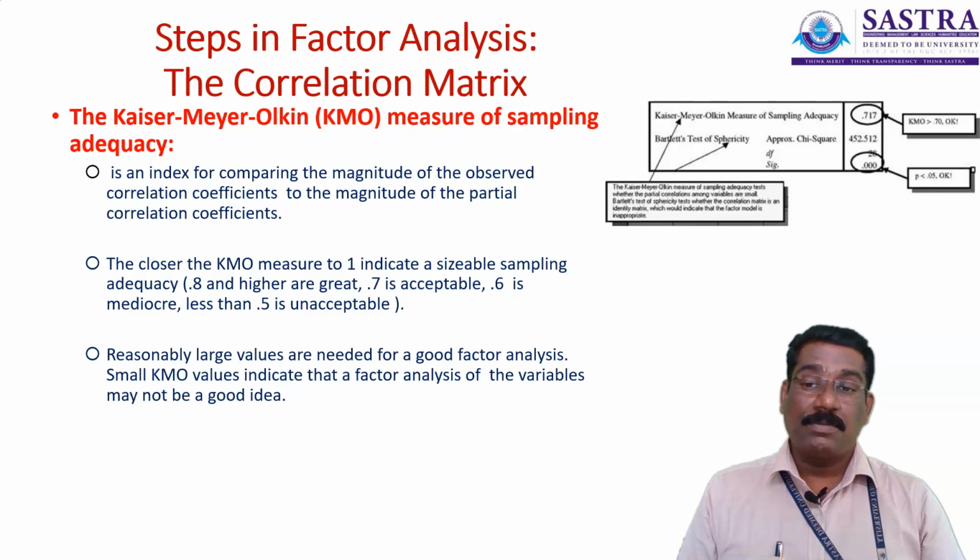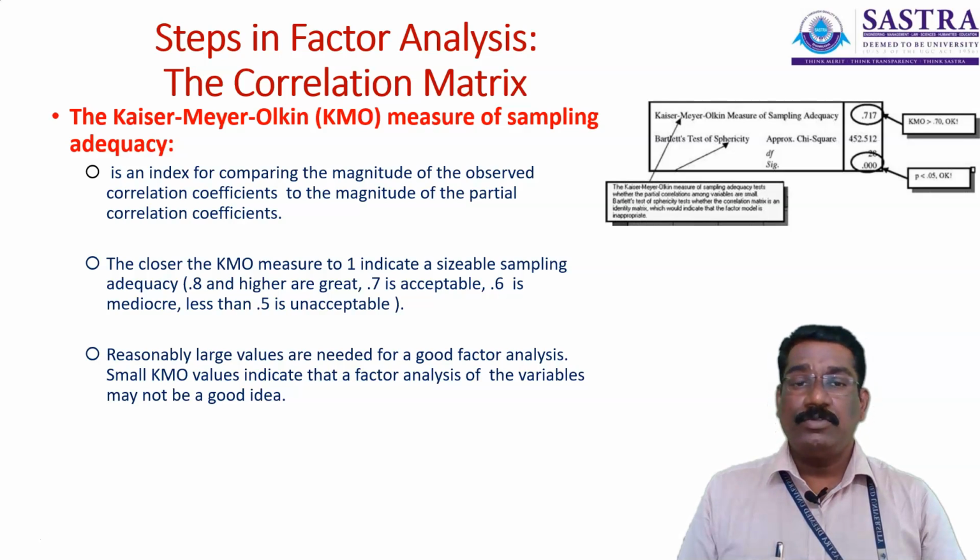An acceptable value of 0.8 and higher is great, and 0.7 is always acceptable, and 0.6 is mediocre, and less than 0.5 is unacceptable. In that context, you cannot execute factor analysis. Reasonably large values are needed for a good factor analysis.